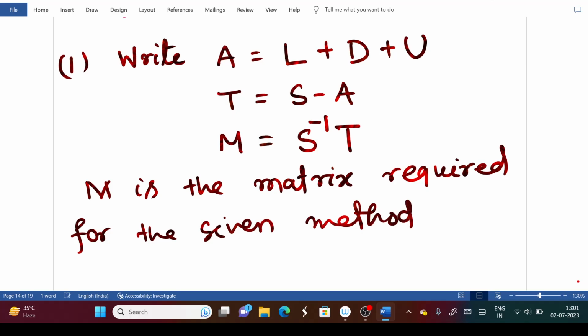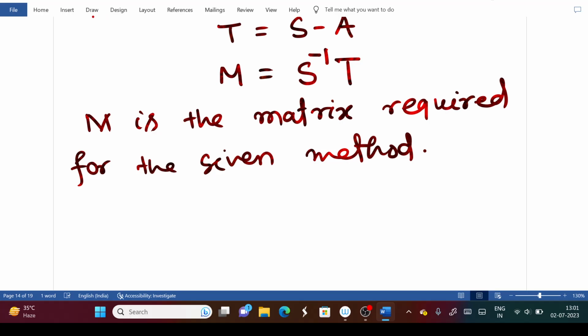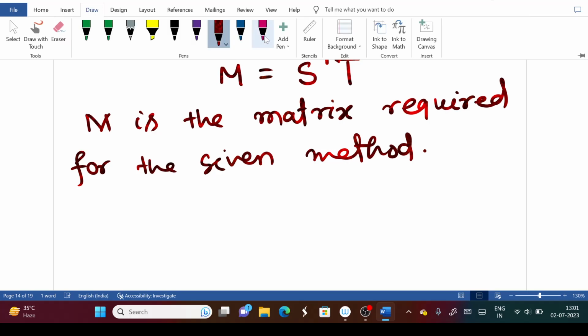For today we will discuss two methods. For both the methods up to this much it is common. Then we will go for the methods.